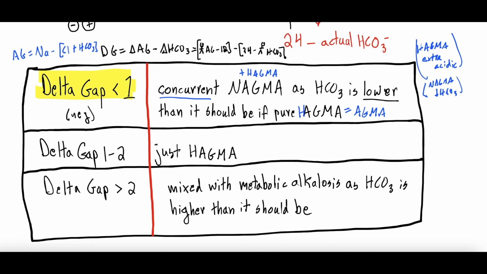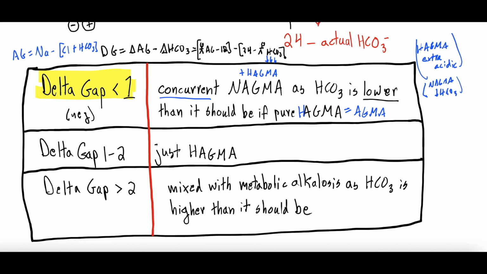So if the delta gap is less than 1, it means that this bicarbonate value is much lower, which is going to make this more negative. And what it's saying is that the anion gap being seen is not representative of what the bicarbonate should be if it was just a high anion gap metabolic acidosis. So you have a non-anion gap component because you're losing more bicarbonate than you should if it was a pure high anion gap metabolic acidosis.